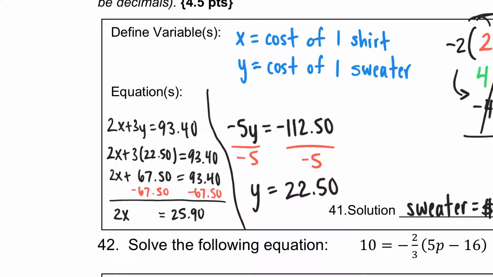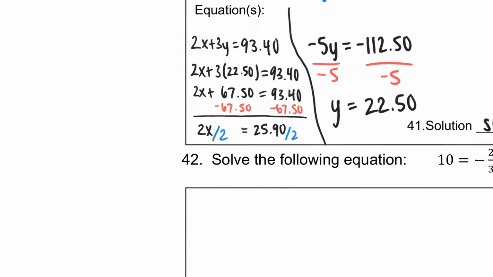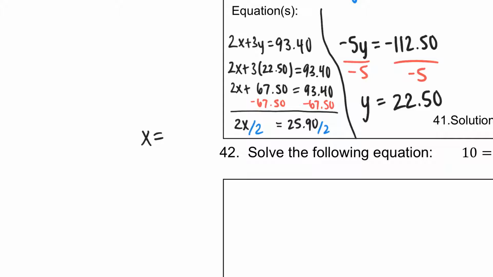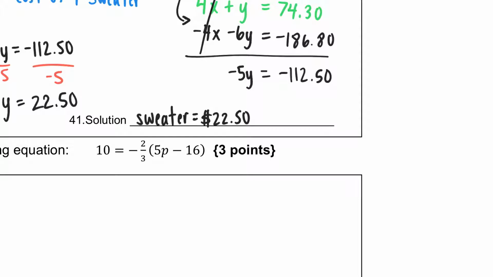Then if you divide both of these by 2, you would get x is equal to $12.95. Okay, so that's your solution for that. So a shirt is $12.95.